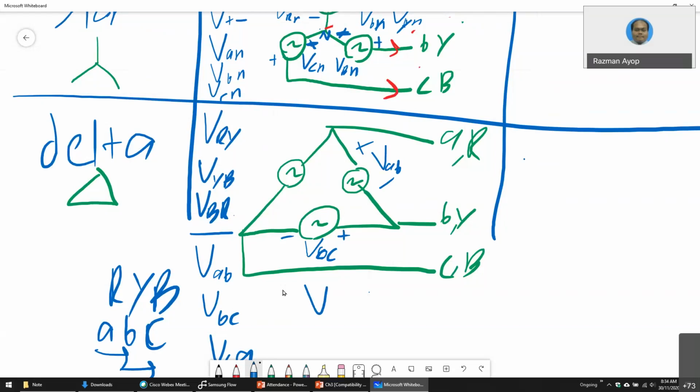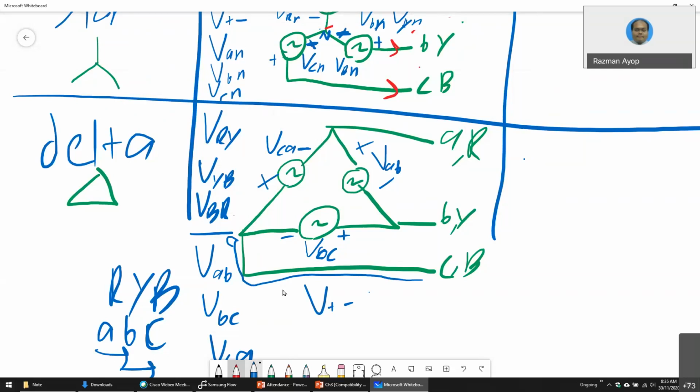Remember, V positive, negative. And VCA. Because we cannot use D, we move back to A. C is here. If you look here, this is C, and A. So V positive, negative, CA.